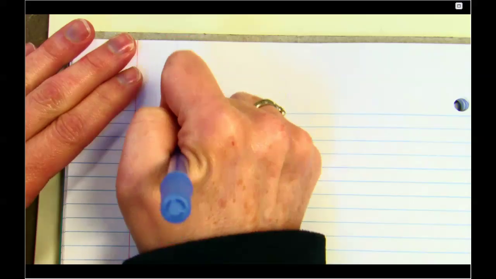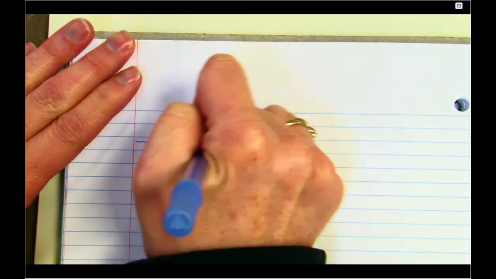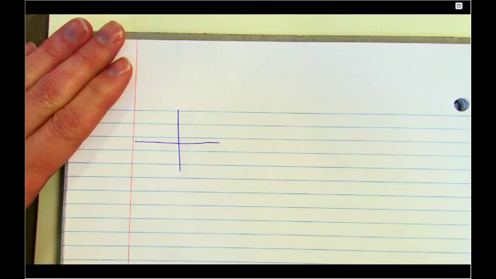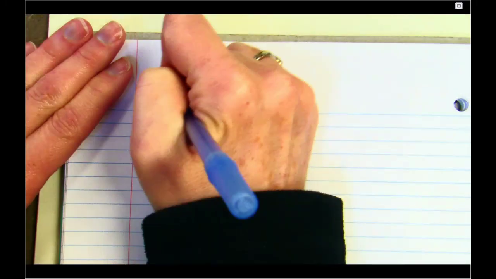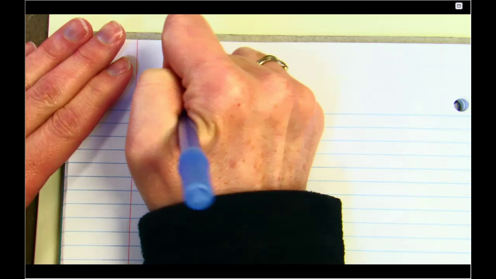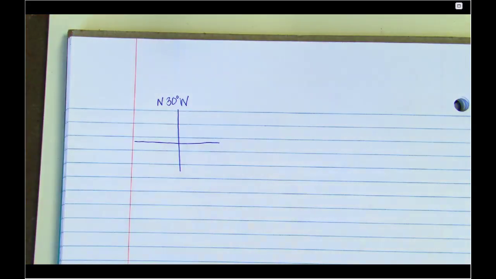I'll show you. So here's an example. So for example, we're gonna draw a picture of this because this is the one your book will say. So let's say I want to draw an angle that's north 30 degrees west.